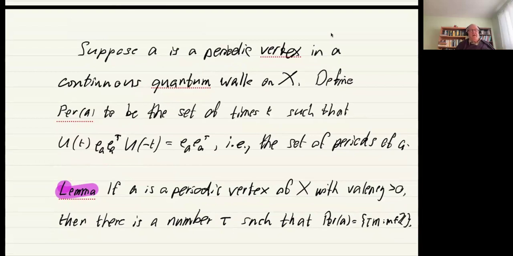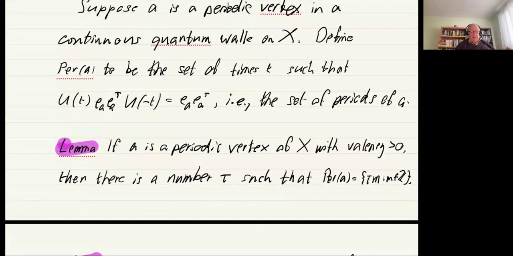It's well defined, and the assumption is there's at least one non-zero element in per(a). The lemma we're going to prove is: if you have a periodic vertex of X with valency at least 1, so it's not isolated, then there is a number tau such that the periods are just all integer multiples of tau. Now that tells you that there is a minimum period.